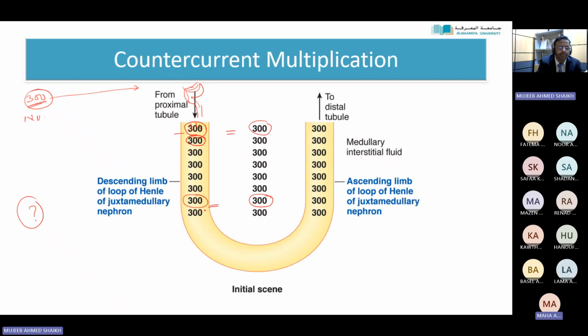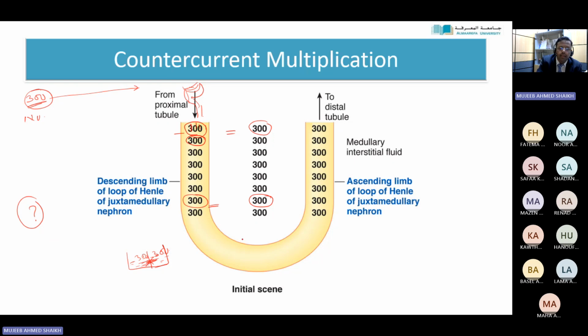Very good, because it will be the same. It will be the same amount. As I told you in the beginning, if the two fluids are separated by a permeable membrane and both have the same osmolarity, there will be no net movement. Got it? Good.